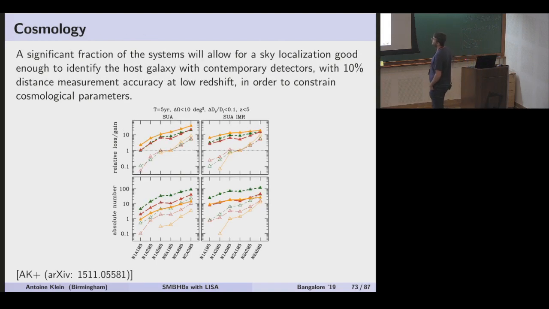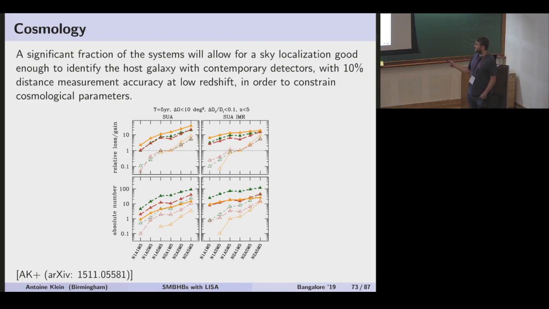All right. Now, one result relevant for cosmology is how many systems can we detect with better than 10 square degree sky locations, better than 10% distance measurement, and at redshift smaller than 5.